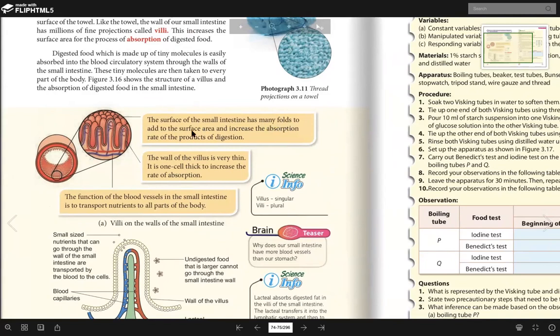Kalau awak tengok, kita punya small intestine ni berlipat-lipat. Sebab apa berlipat-lipat? To increase the surface area and the absorption rate of the product of digestion. So pendek kata nak bagi tahu kepada awak.